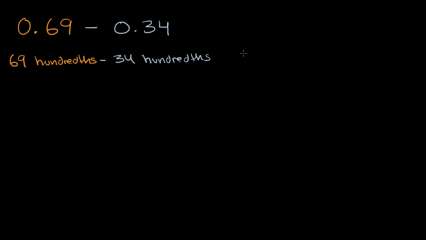Well, what's 69 minus 34? Well, 9 minus 4 is going to be 5. And 60 minus 30 is going to be 30. So I'm left with 35 hundredths, which I can write as 0.35.